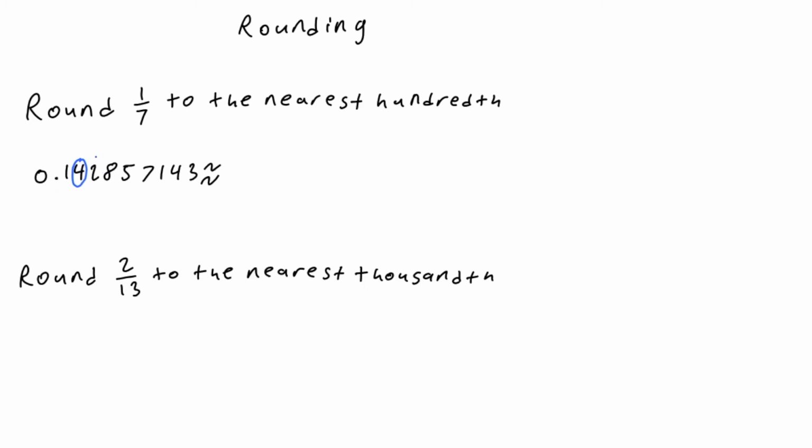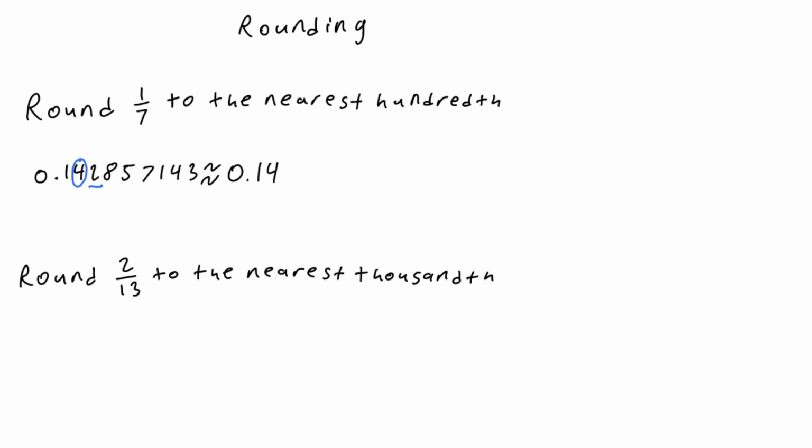However, we look at the digit after it. If it is 4 or less, we keep this the same. If it's 5 or above, we round this number up 1. So if this was 5 or above, we would round this to a 5. However, it's 2, which is less than 5, so it stays the same. So this is rounded to 0.14.